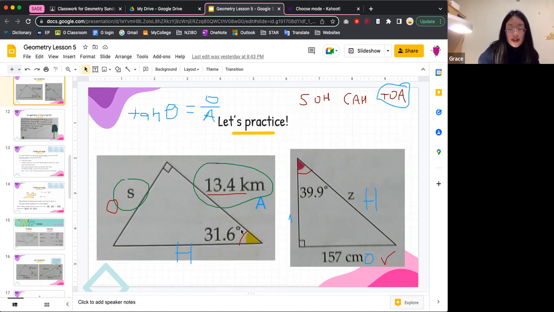And now we can substitute our values in, right, for this specific question. We've got an angle of 31.6. And we don't know our opposite, and in here it's called S. 13.4 on the bottom, which is adjacent.